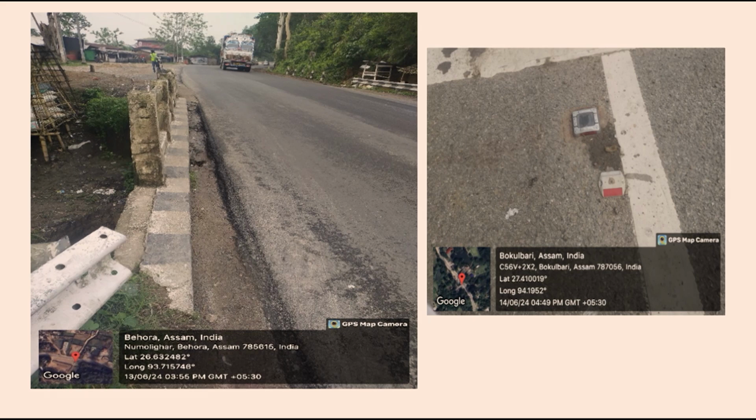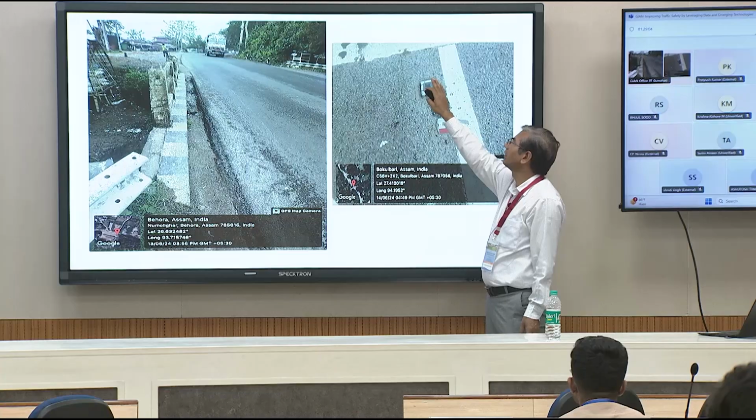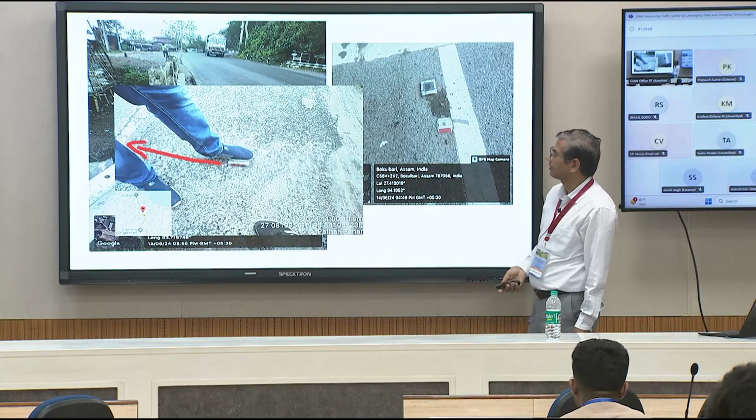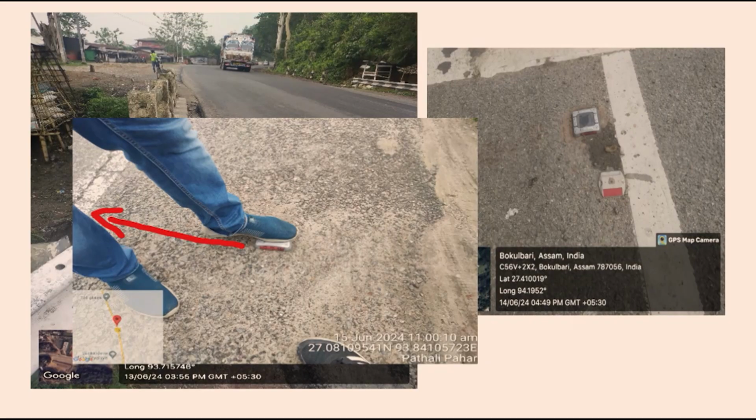So even if you are moving on a two-wheeler with a low headlight, you will still be able to see that something is there, because the red light keeps blinking. If you want to check it, put your shoe on top like this, and it will start blinking, because as soon as you block the top, it assumes it is night, there is no solar light. So you can check it in daytime as well.